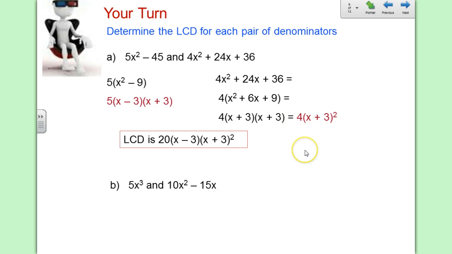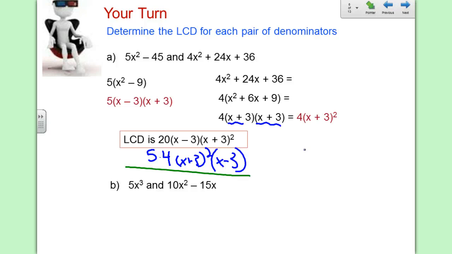I need to have a 5, a 4, two x plus 3s, and I still need x minus 3. But I don't need to have three x plus 3s because I don't need to build both denominators at the same time. Having these pieces in my bag would allow me to build either one of those denominators.